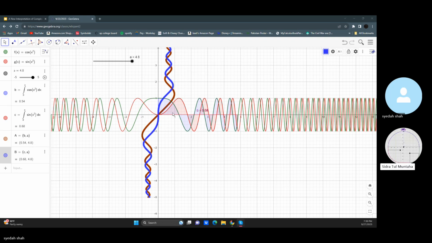Right now it is closer to the y-axis. We want it for the x-axis.